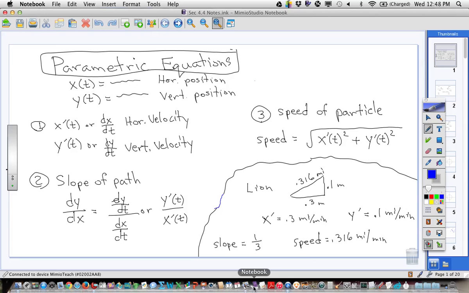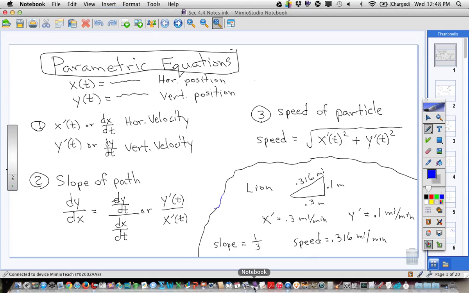But we're going to be talking about parametric equations. Parametric equation. And that's what we did when we did the line and the ranger. Parametric equations are when we had one equation for the x, which is the horizontal movement, and one equation for the y, which was the vertical movement.